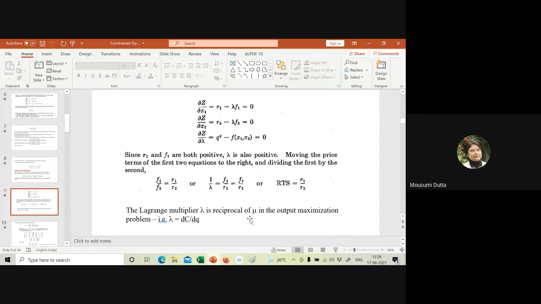We have to solve for 2 variables. However, we have 3 equations. So, to avoid the problem of redundancy, we will divide equation 1 by 2, and we will get the equation R1 by R2 is equal to F1 by F2. The same equation we got earlier. F1 by F2 is equal to R1 by R2.